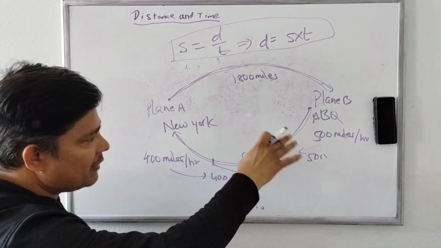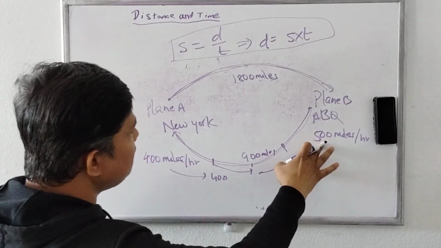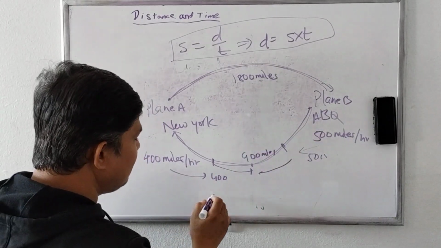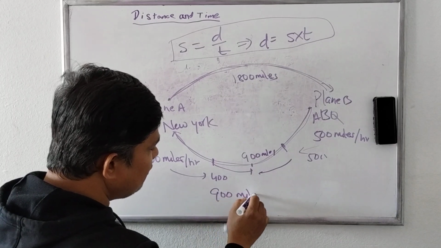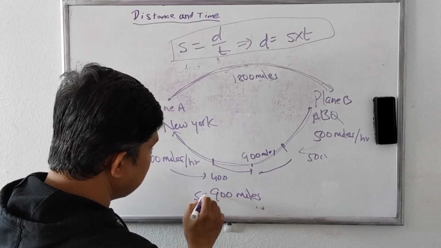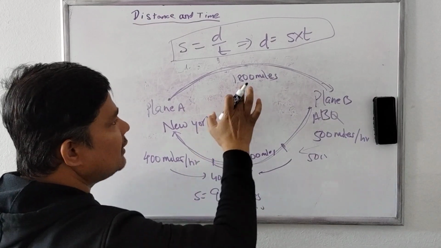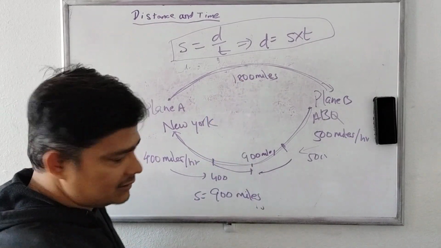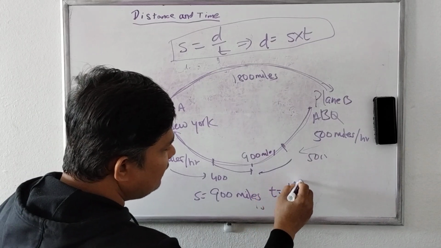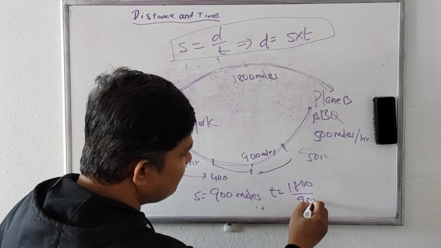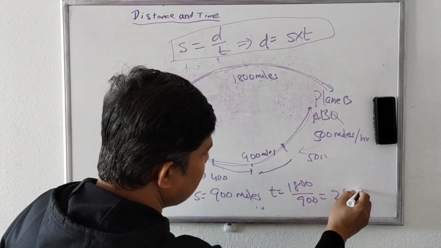So now you understand why we are summing. What we have to do is 400 plus 500, that will be the speed that we are going to use. So this is speed, and then 1800 miles is the distance between those two places. So time will be 1800 divided by 900, which is 2 hours.